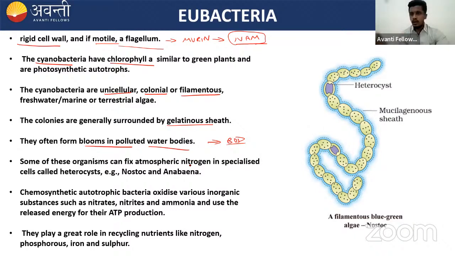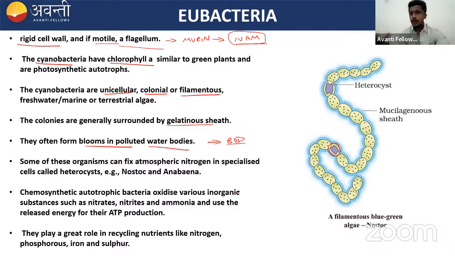Cyanobacteria are helpful in atmospheric nitrogen fixation using specialized cells called heterocysts.